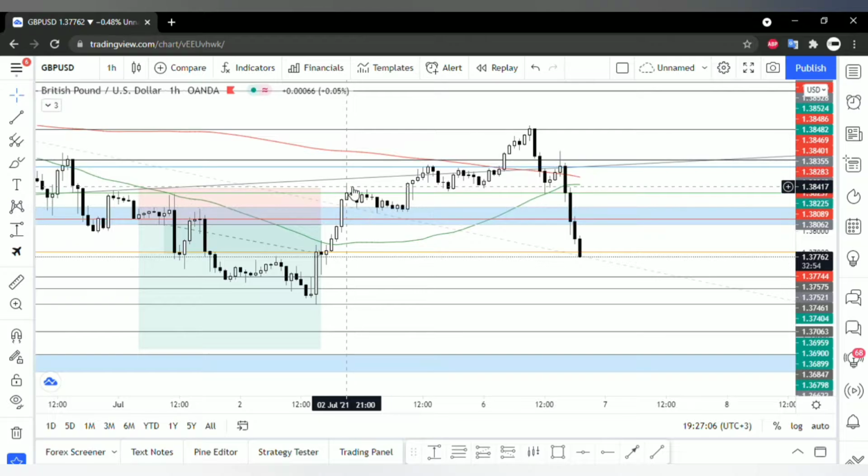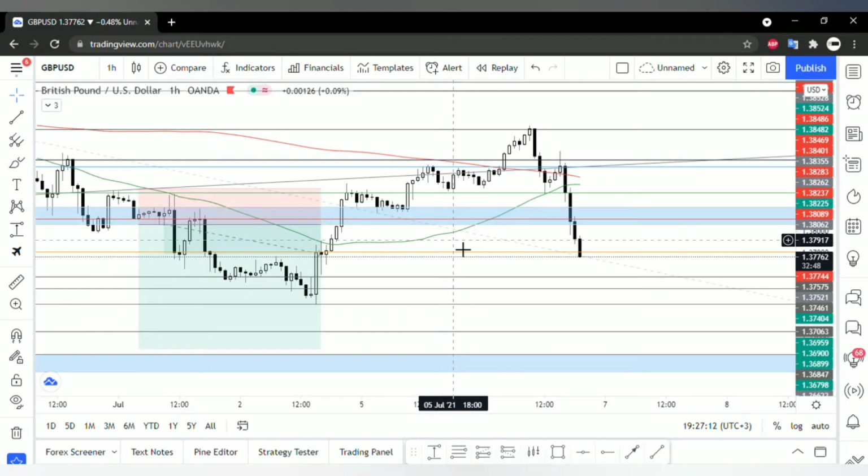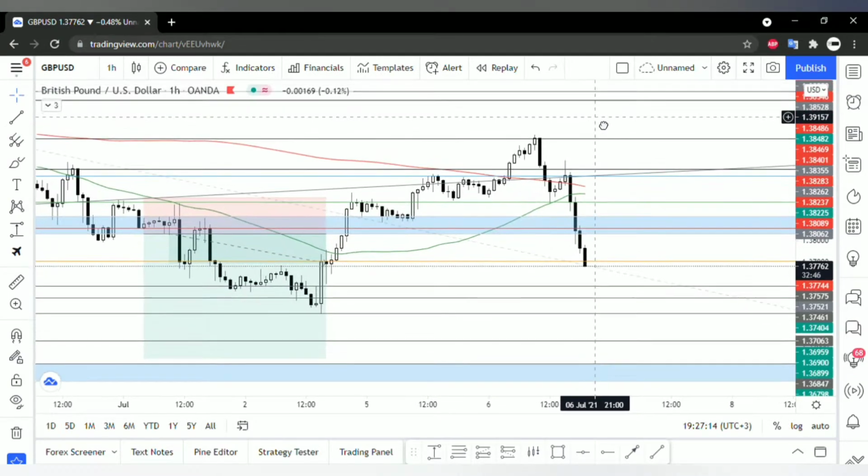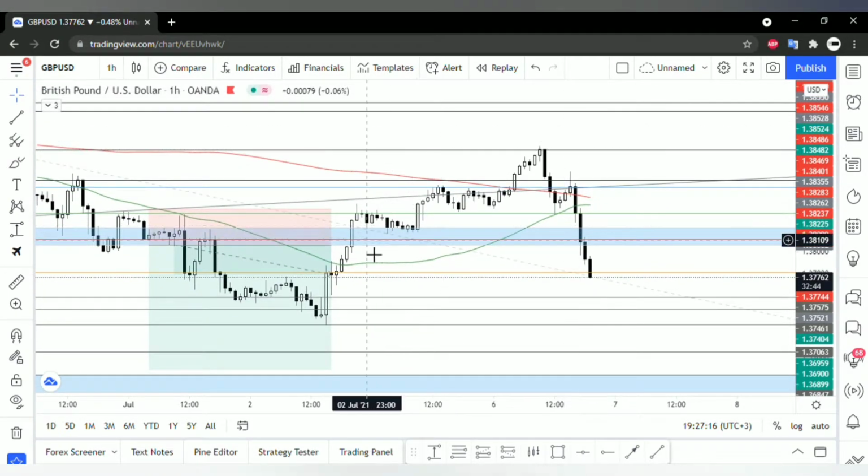It broke out through this zone, which was a support that had now become resistance. It broke out of that resistance, found support on it, and continued to move upwards.